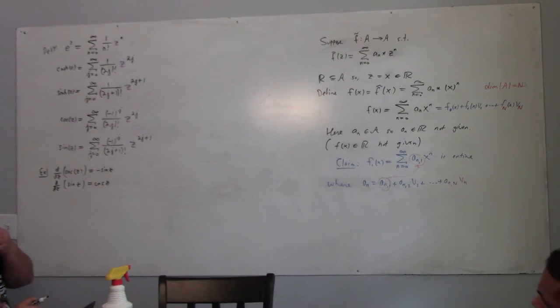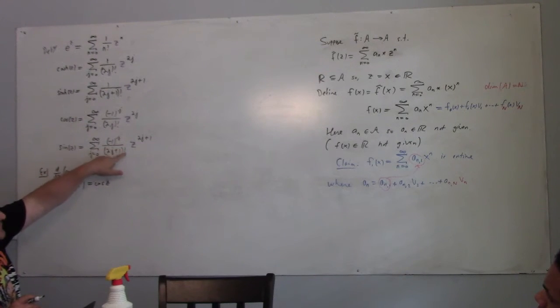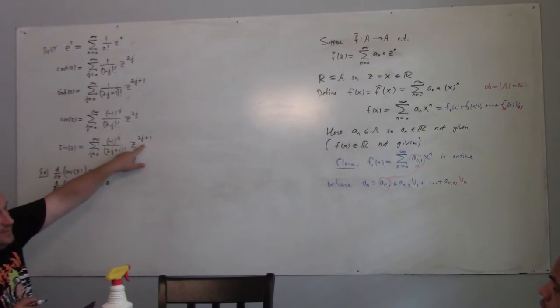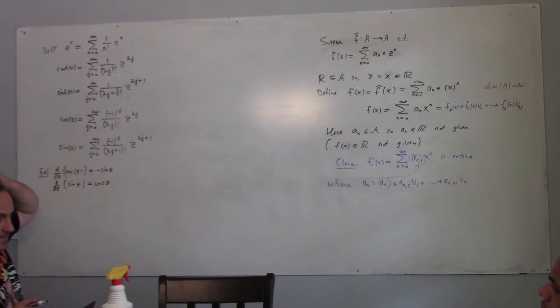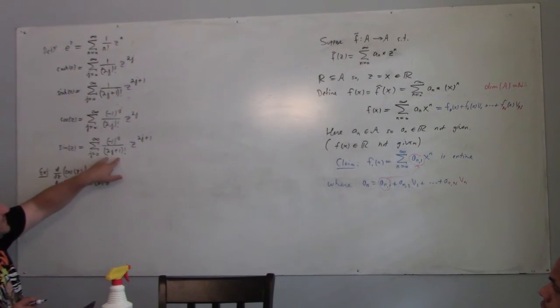Because if you differentiate sine z term by term, this brings down 2j plus 1. You get 2j plus 1 over 2j plus 1 factorial, which is 1 over 2j factorial, because the 2j plus 1 cancels in the factorial. That gives you cosine.